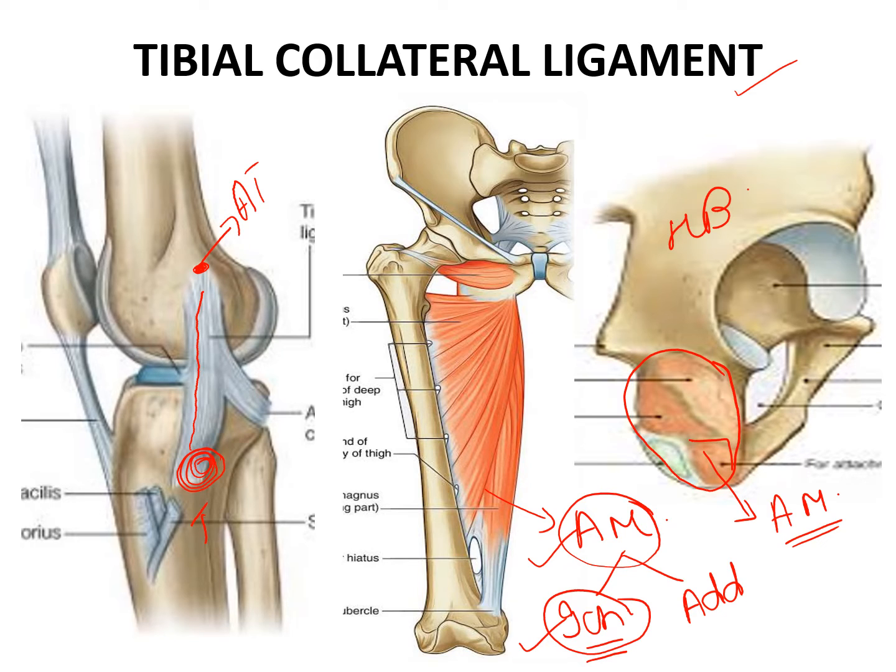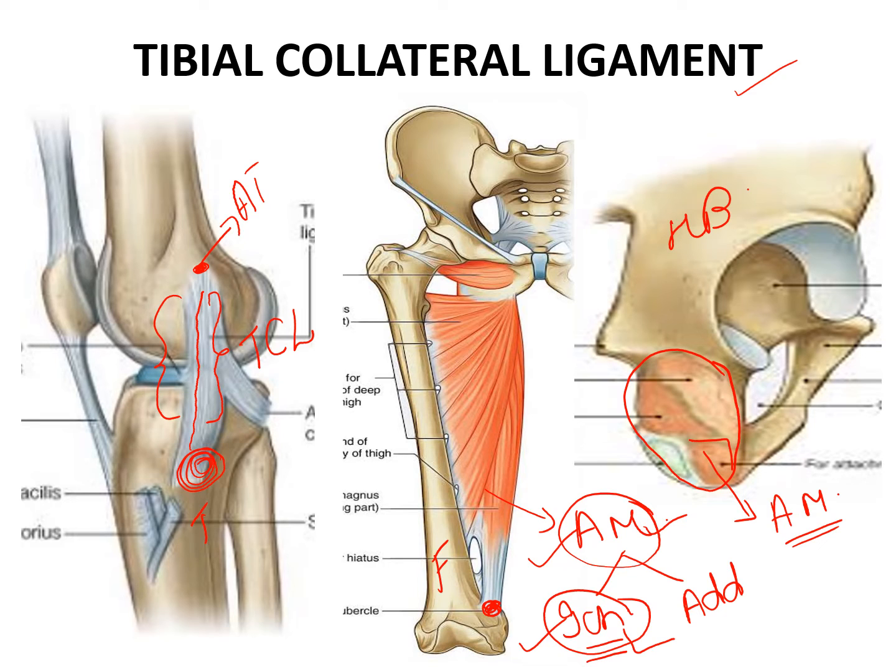If you see here, adductor magnus is attached to the adductor tubercle of the femur. So this part of the muscle got converted into a ligament, and that ligament is called the tibial collateral ligament.